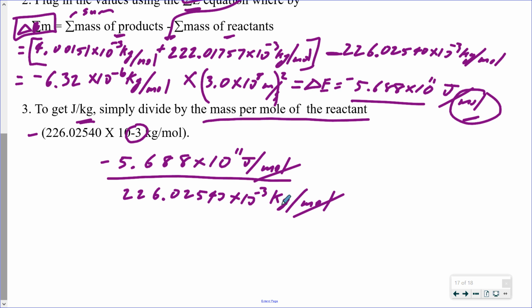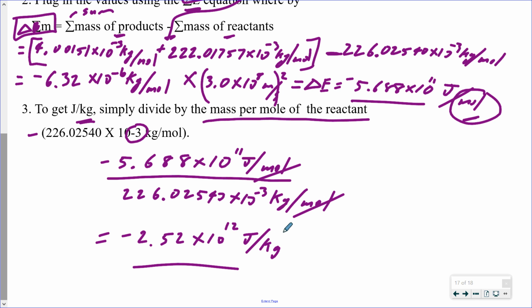We're left with joules and kilograms, so joules per kilogram. And that works out to negative 2.52 times 10 to the 12. Huge, huge, huge number, and this is joules per kilogram. For 1 kilogram of this fuel, we're getting a massive number in terms of the joules that are generated.